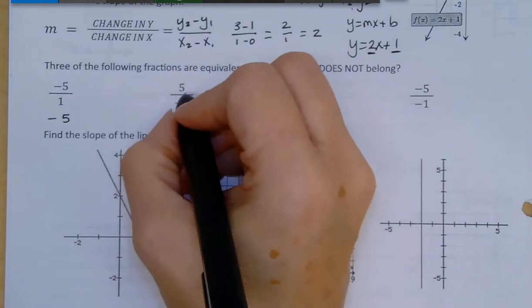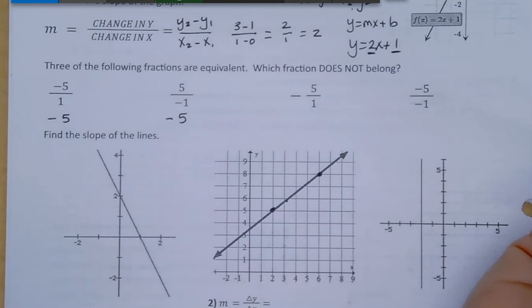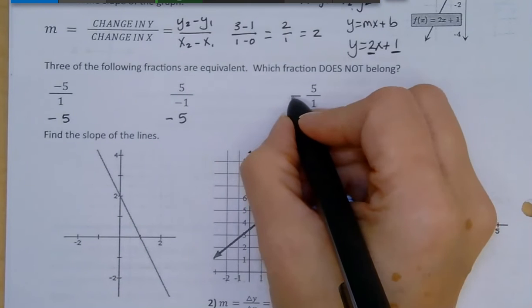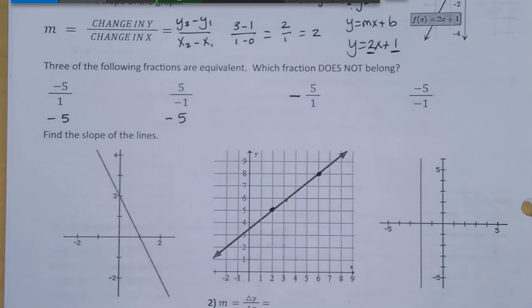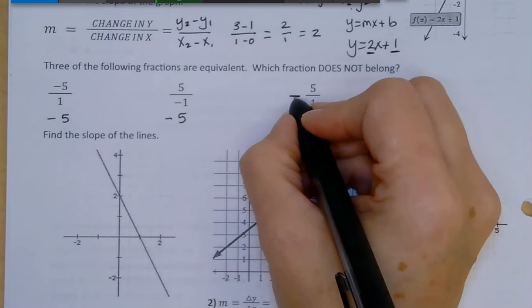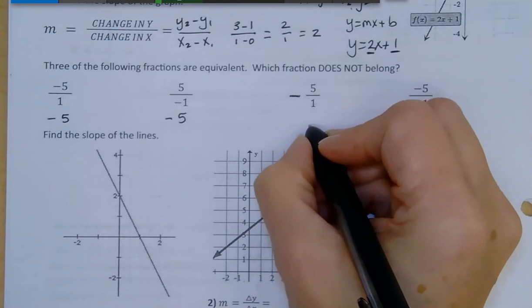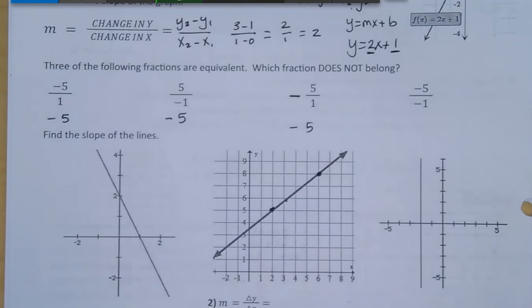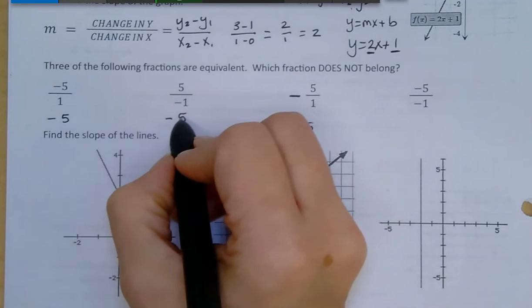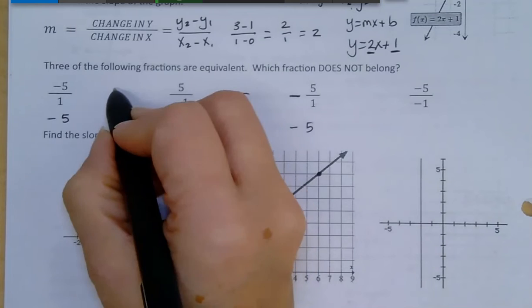They're equal, but we don't really like to have a negative in the denominator, so don't stick it there, please. Please move it to the top. Or you can also move it just to the left of the whole fraction, because this means I want the negative of 5 divided by 1. Well, 5 divided by 1 is 5. If I want the negative of it, it's negative 5. These are all equal.